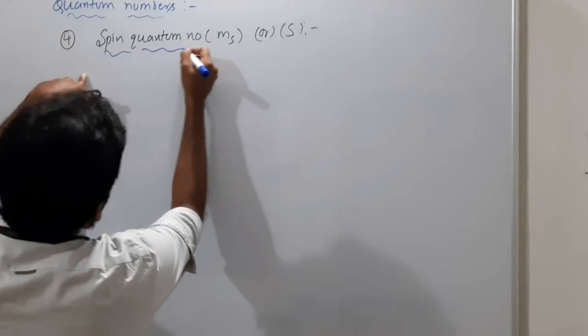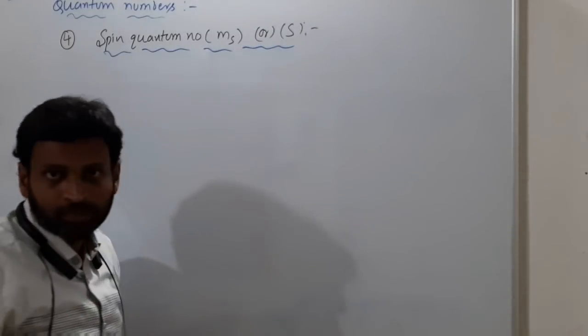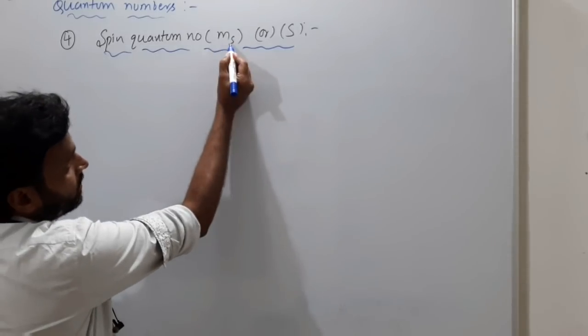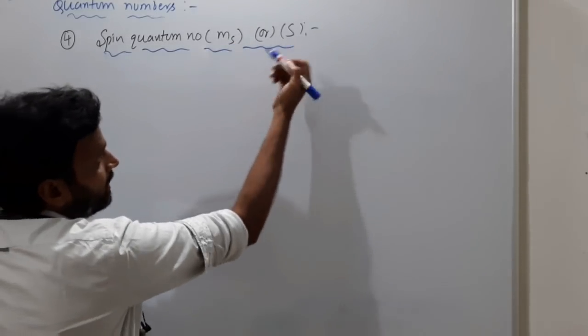The spin quantum number is represented by ms, suffix s, or else simply s.